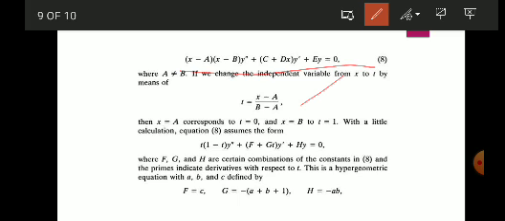Then x = a corresponds to t = 0 and x = b to t = 1. The equation takes the form t(1 - t)y'' + (f + gt)y' + hy = 0. This is of the Gauss hypergeometric form, where f = c, g = -(a + b + 1), h = -ab.